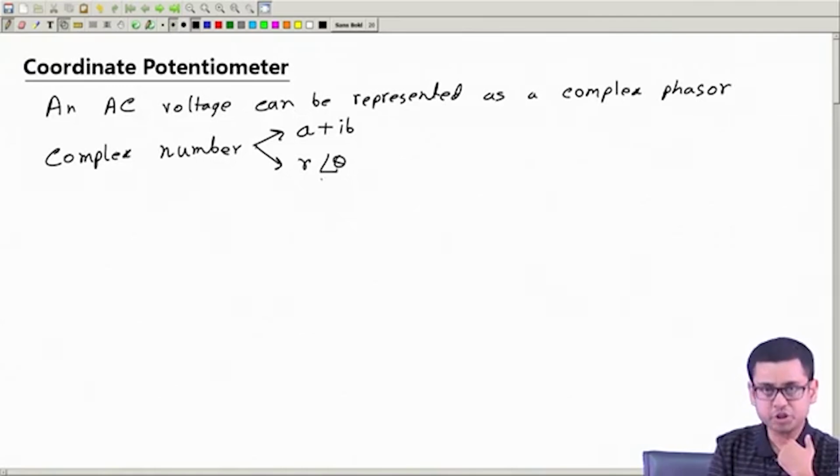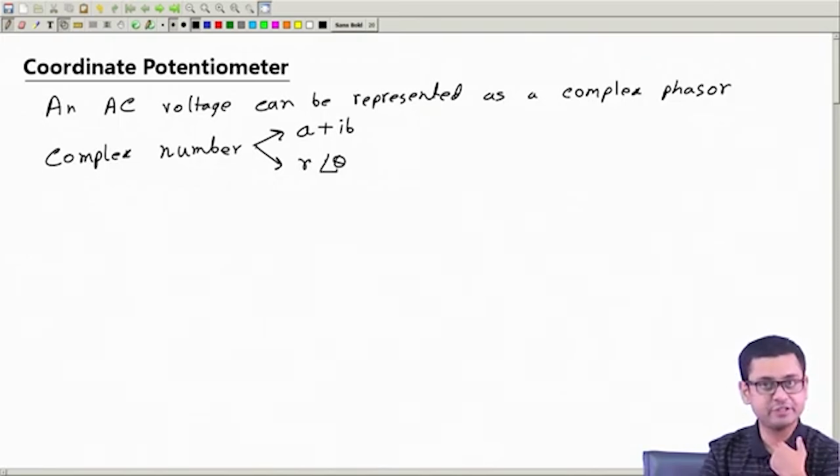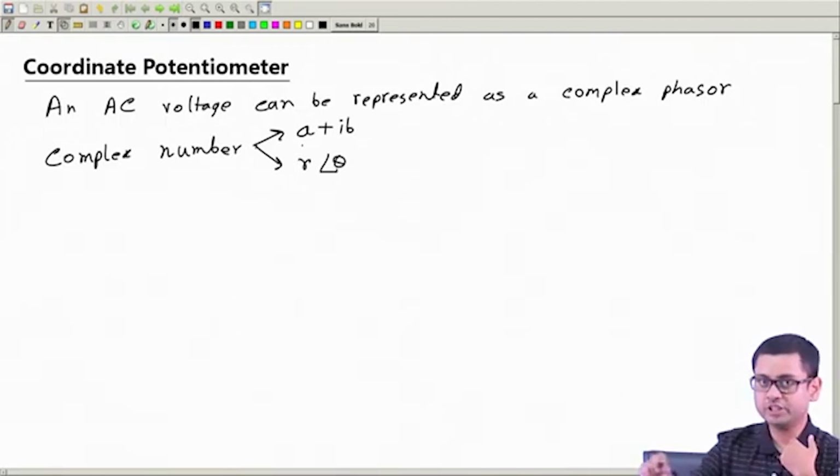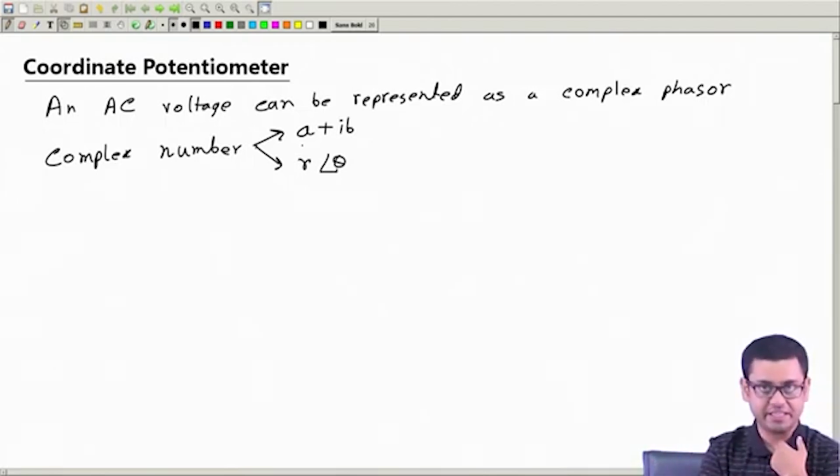The polar potentiometer measures the unknown voltage in this form, magnitude and phase angle. The phase angle is read from the dial of the phase shifter and the magnitude from the length at which the null point is obtained.